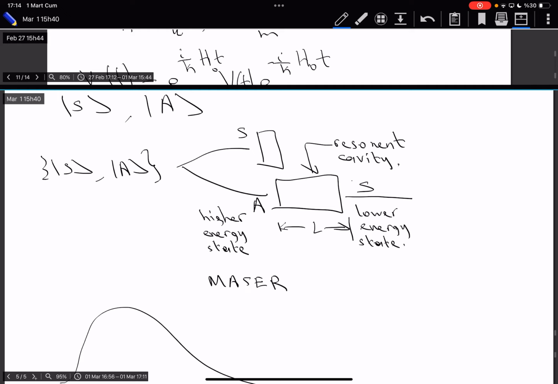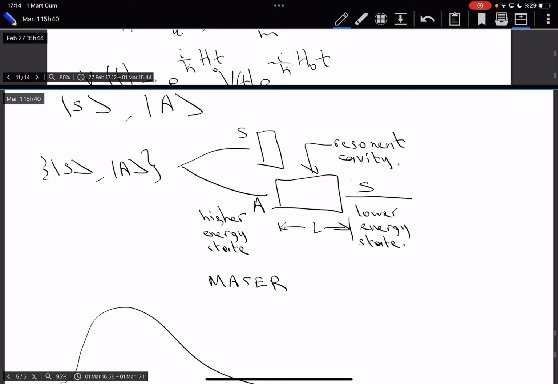where you don't even need to send any external field there. You send these higher energy ammonia molecules into that cavity. Let's say one of them randomly just goes down. Well, that creates an external time-dependent electric field resonant with the resonance frequency of the ammonia.